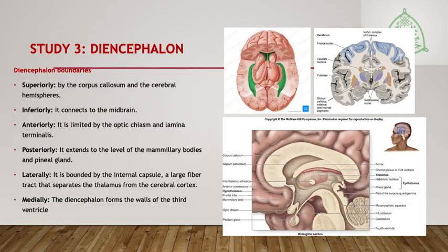The two thalamus are connected by what is referred to as the interthalamic adhesion, and the space between them is referred to as the third ventricle. Below it, you have a very light green color, which is referred to as the subthalamic nuclei. That was the nuclei we couldn't see earlier on. Like I said, it is found at the bottom of the thalamus.